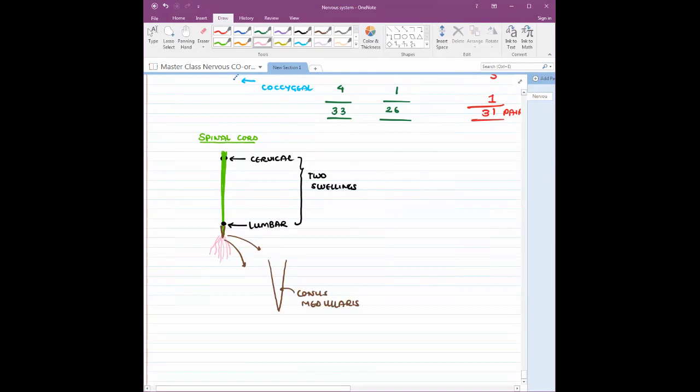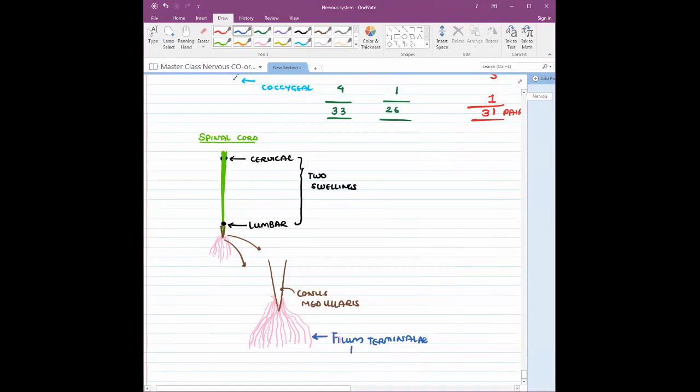And this Conus Medullaris, as I told you, later gives you these nerve-like things. Guys, what is this? This is nothing but an extension of your pia mater. What do we call this thing? We call this Filum Terminale.